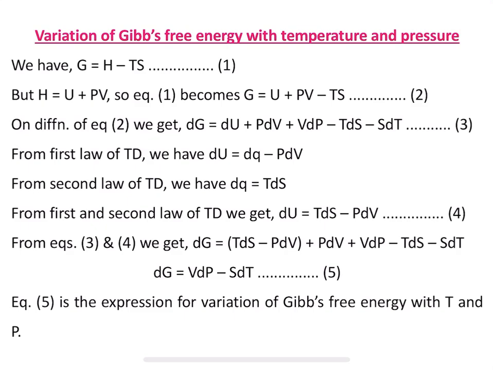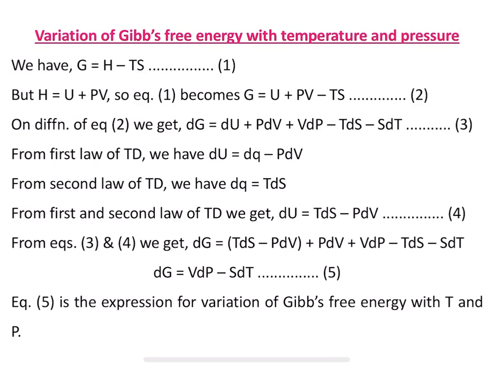Next, we discussed the applications of the third law of thermodynamics, where we are going to use it. And next we went through free energy. What is meant by free energy? Free energy is the maximum amount of energy available to a system during a process that can be converted into useful work.